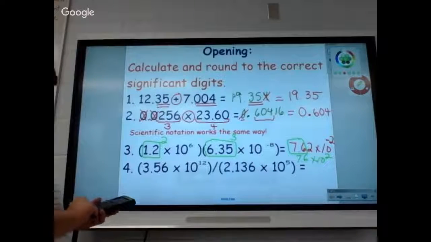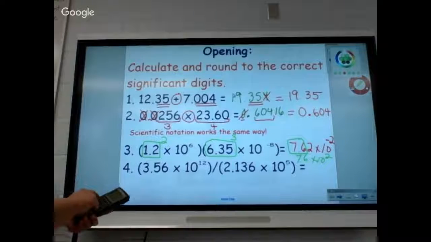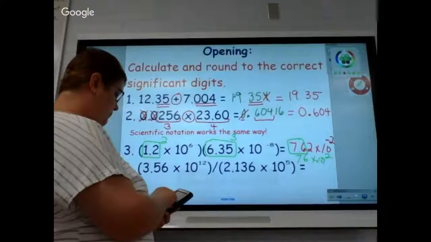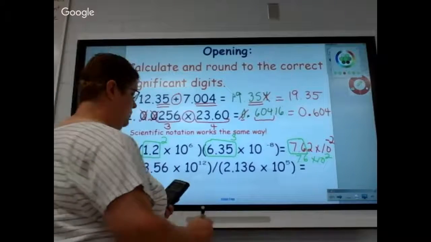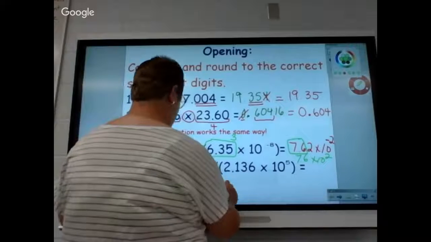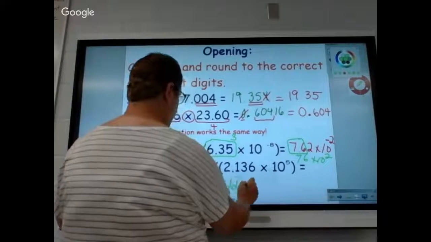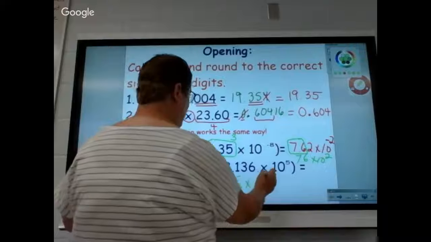Question number 4. 3.56 EE 12 divide 2.136 EE 5, and we get that in scientific, 1.6666, there's several there repeating, times 10 to the 7th.